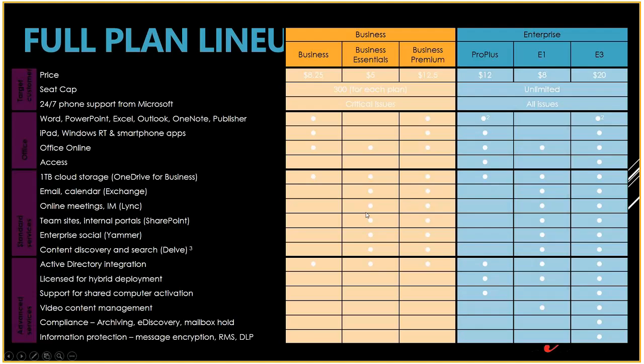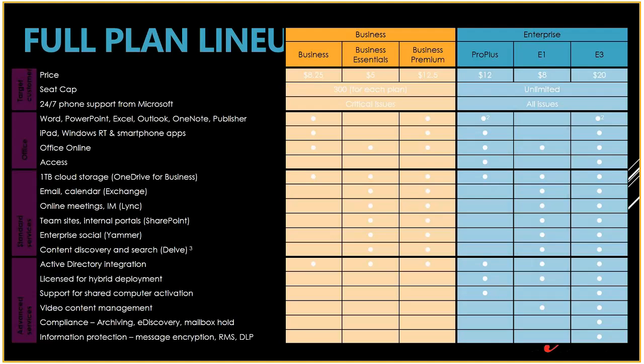So basically, for Business Essentials and the E1, they are getting the Exchange Mailbox, Skype for Business, SharePoint Online, and OneDrive for Business. So they get those 4 things in both the $5 and the $8. Okay?